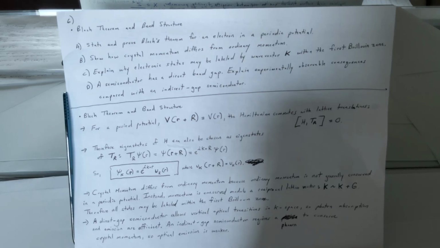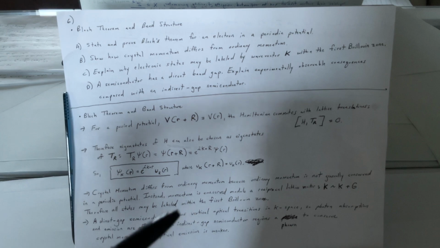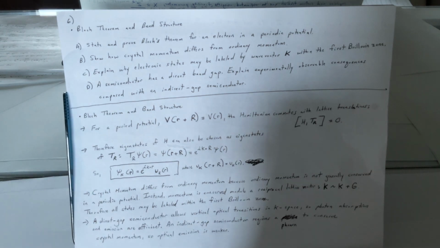A direct gap semiconductor allows vertical optical transitions in k-space, so photon absorption and emission are efficient. An indirect gap semiconductor requires a phonon to conserve crystal momentum, so optical emission is weaker. Okay, so that's a phonon.